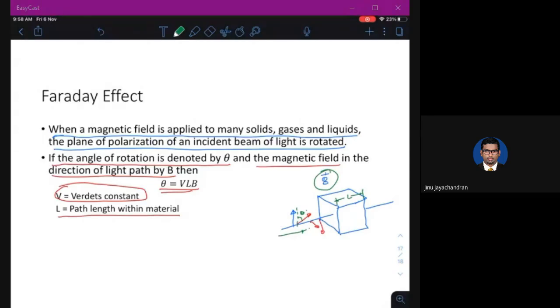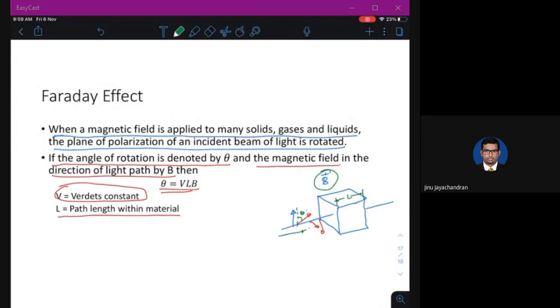So you can calculate how much angle it will rotate. All these effects have the advantage that we will know the phase shift or the angle of rotation in all the cases, which is important because we will know the polarization.